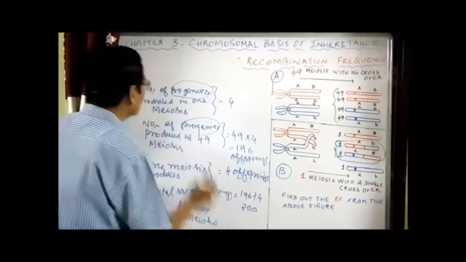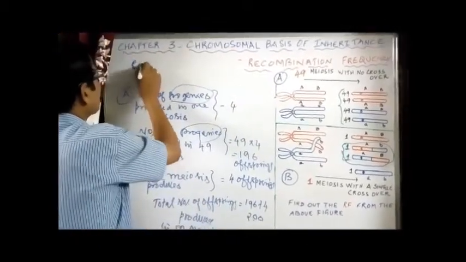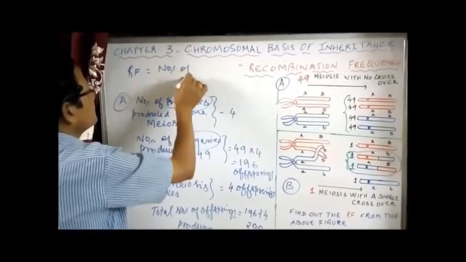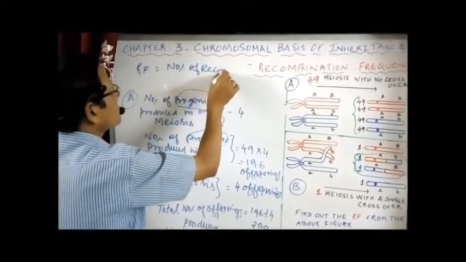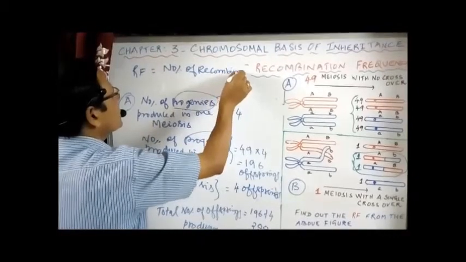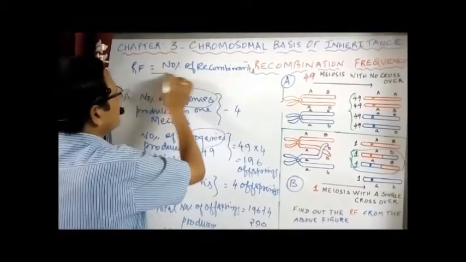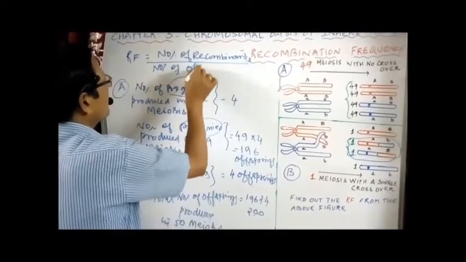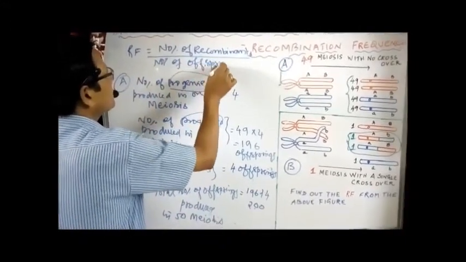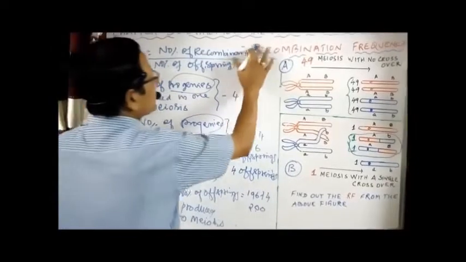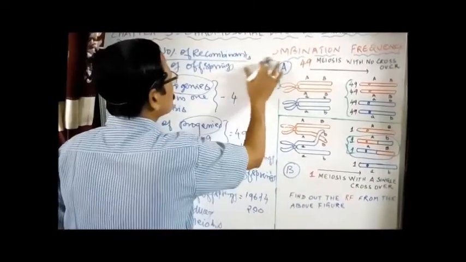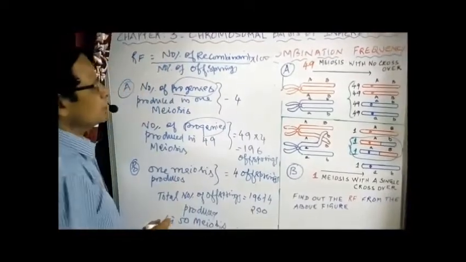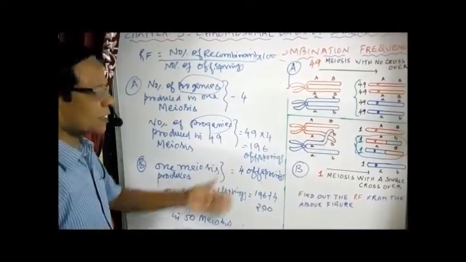RF is equal to the number of recombinants divided by the number of offsprings, multiplied by 100. Now we have to substitute these values.